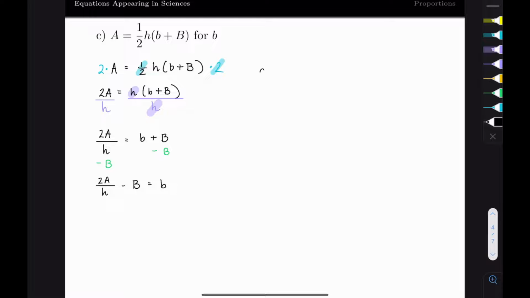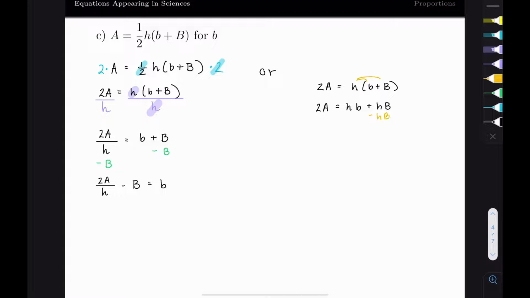Or, back at this step, I still like multiplying by 2 first. What we could do is distribute this h out. So this is 2a equals h times b, h times capital B. And now I still want to get little b on its own.